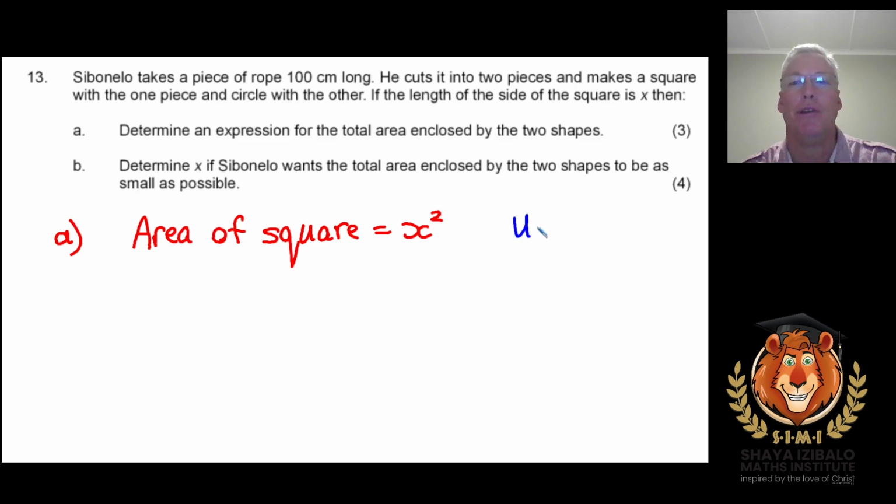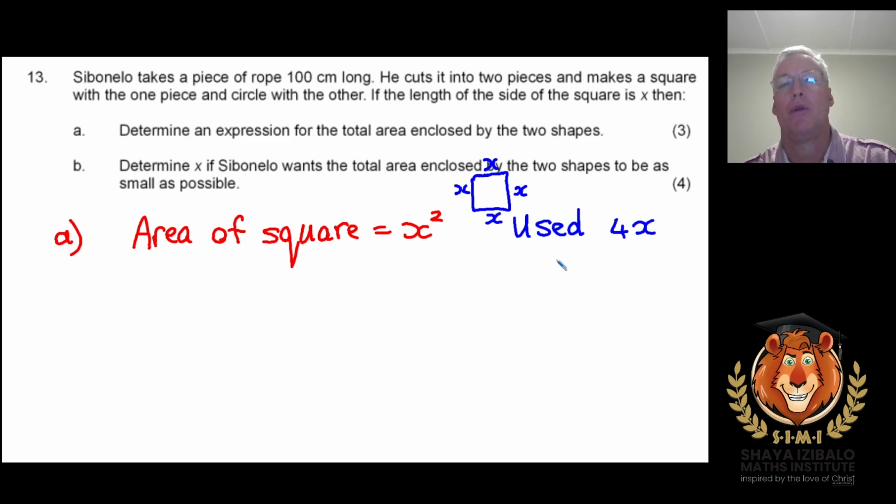If we picture the square, he's actually used x, x, x, x. He's used 4x. So what he has left is 100 minus 4x. And with that, he's going to make a circle.